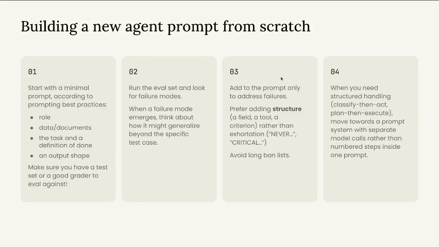We saw that following general hygiene principles can immediately uplift the performance against a set of evals, and that we need those evals to be able to rigorously see any impacts of changing our prompt on the output. Then we saw this process of targeting failure modes one by one, adding structure, avoiding long ban lists, etc., were all things that helped push our model to the correct behavior.